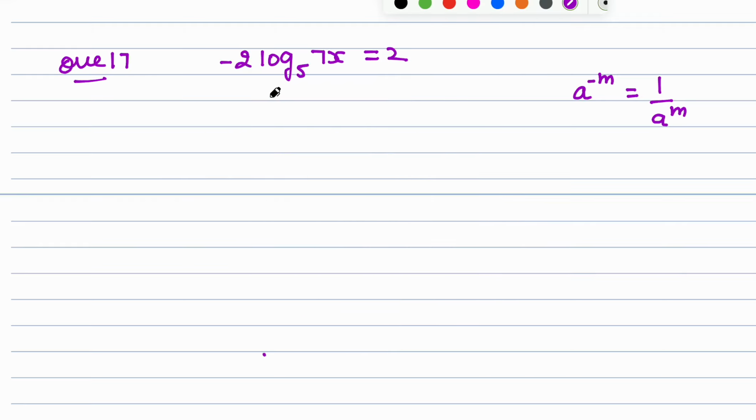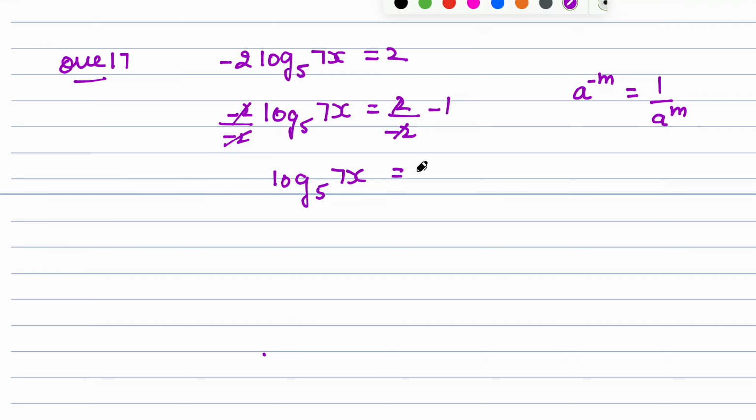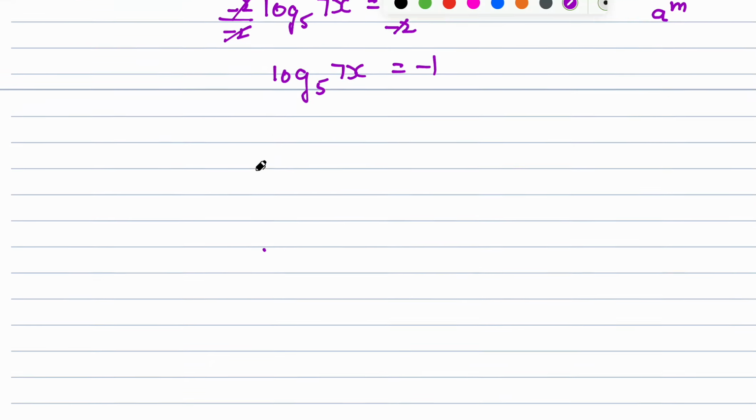Like, why not divide by -2 on both sides, right? This whole question will be very simple. So 2 over -2, do you think it's the right way? Yes, I think so. So that is -1. So log base 5 of 7x is equal to negative 1. In the previous one, I think I made some mistake, but this is anyway the better way.